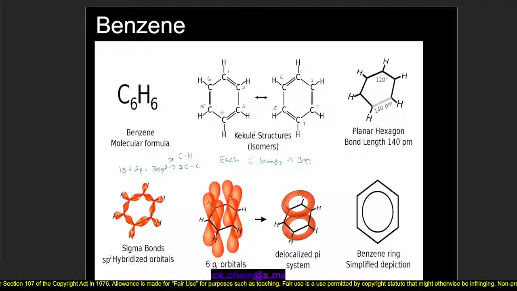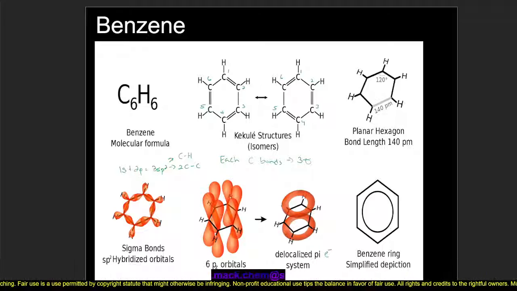Because of how adjacent the pure p atomic orbitals are to each other within this hexagonal ring, the p orbitals will overlap sideways above and below our hexagonal planar ring, to give us what is called a delocalized pi electron ring system.